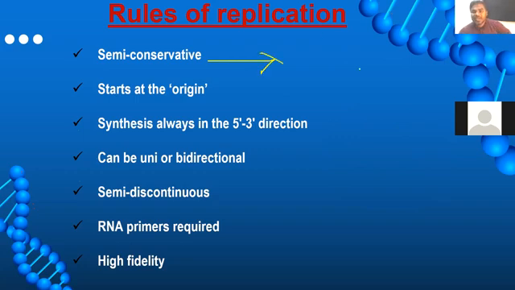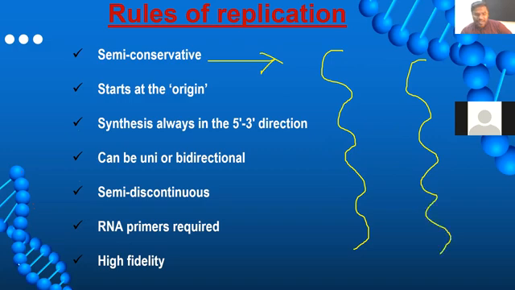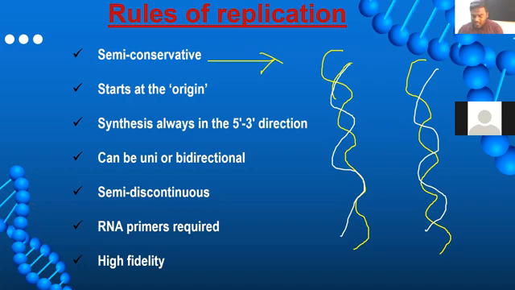What Watson and Crick said is that during DNA replication, the two parent strands are separated and act as template strands, and to these, daughter strands are going to be synthesized. This is the simple semi-conservative model. Who proposed this? Watson and Crick.